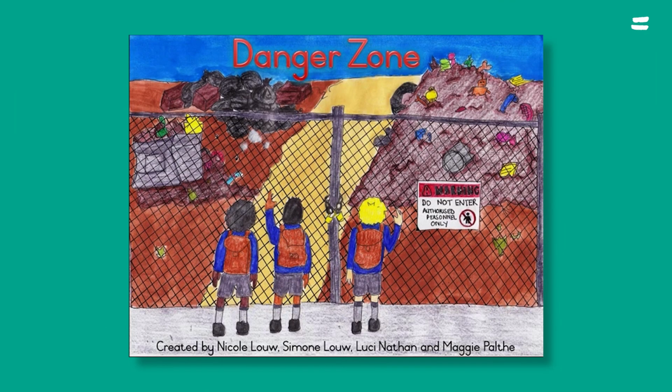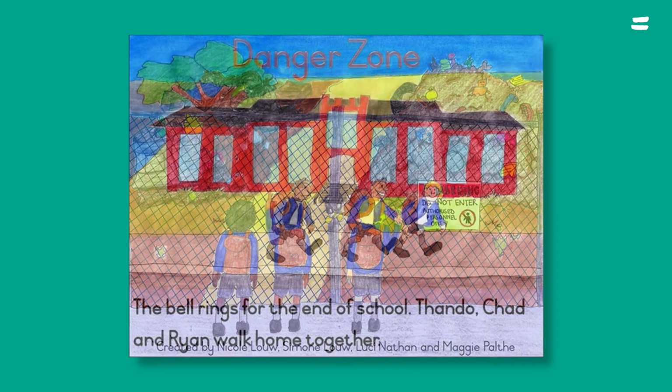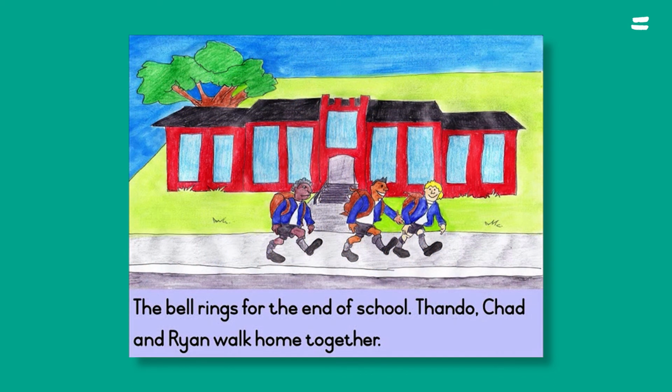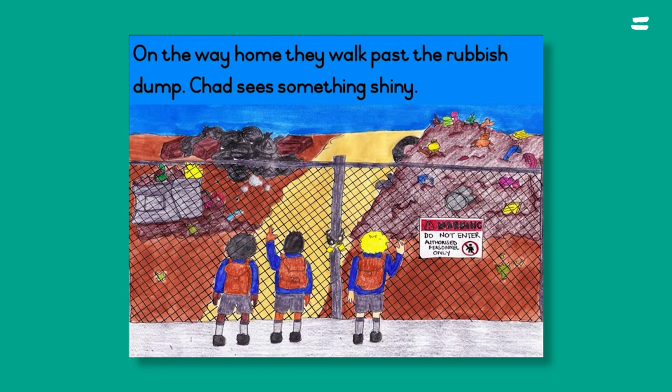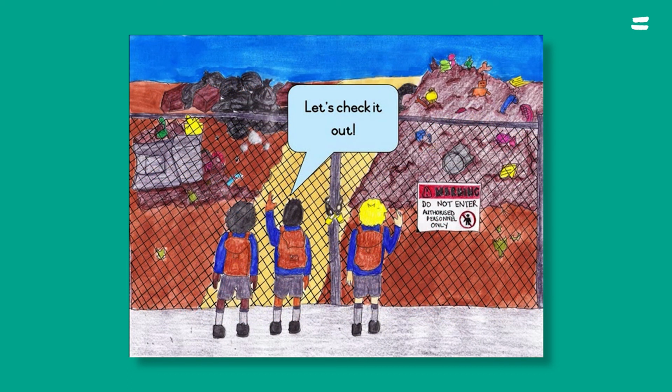Danger zone. The bell rings for the end of school. Thando, Chad and Ryan walk home together. On the way home, they walk past the rubbish dump. Chad sees something shiny. "Let's check it out."